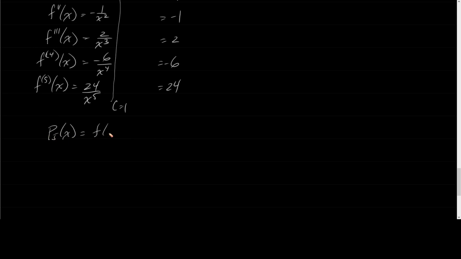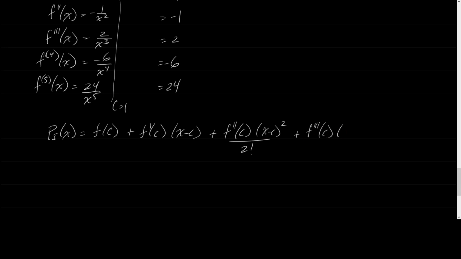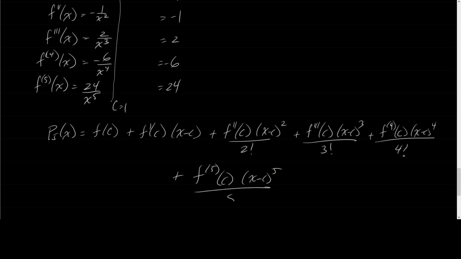Remember, it was f of c plus f prime of c times x minus c plus f double prime of c times x minus c squared over 2 factorial plus f triple prime of c times x minus c cubed over 3 factorial plus the fourth derivative at c times x minus c to the 4 over 4 factorial, and finally plus the fifth derivative evaluated at c times x minus c to the fifth over 5 factorial, right?